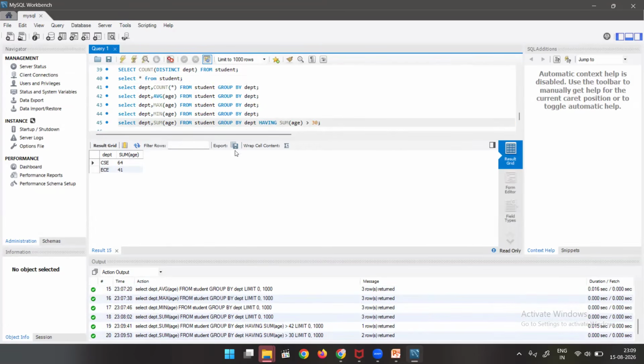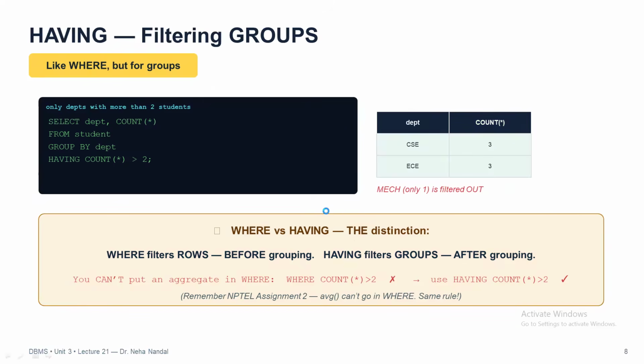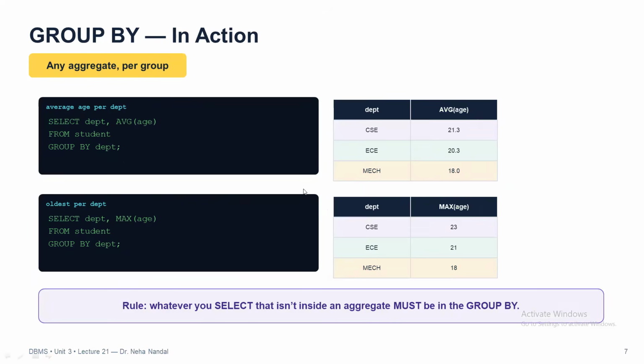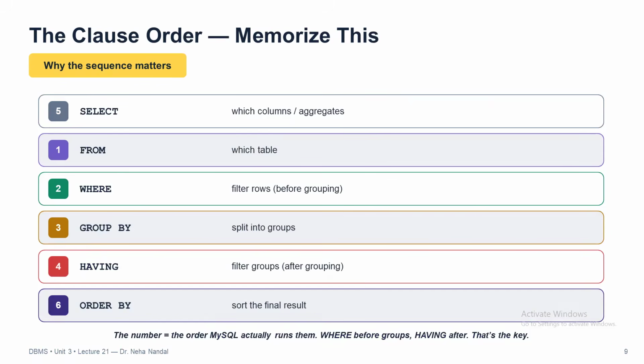So here we studied some keywords in MySQL. First aggregate function, then group by, and how to give condition with group by. You can memorize these: select chooses which columns and aggregates, from which table, where filters out the rows, group by splits into groups, having will filter the groups after grouping, and order by will sort your final result.